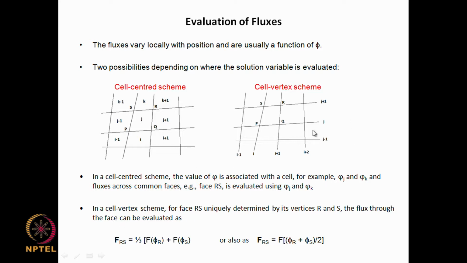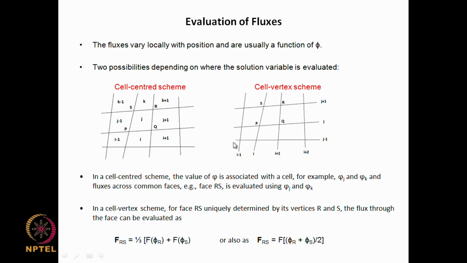In a cell vertex scheme, if you want to determine the fluxes, then it has to be evaluated using the vertex values. For example, if you know the variable value at R and S, then you can say the flux through this RS is evaluated as 1/2, it should not be 1/3, 1/2 of the flux value based on phi of R and phi of S, because in general flux varies with phi.